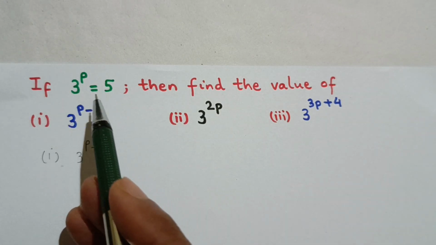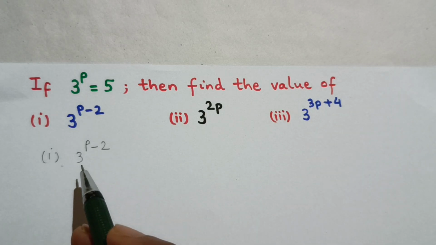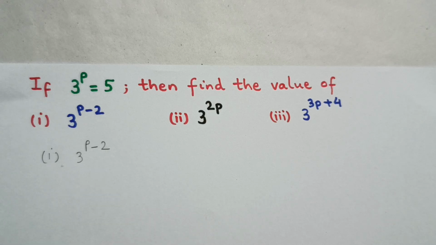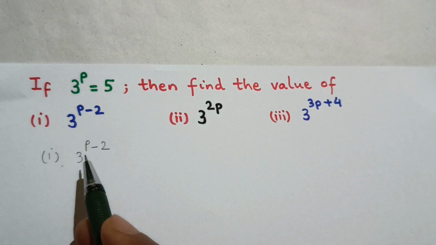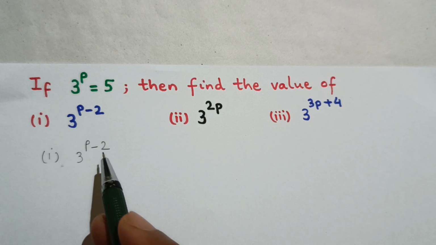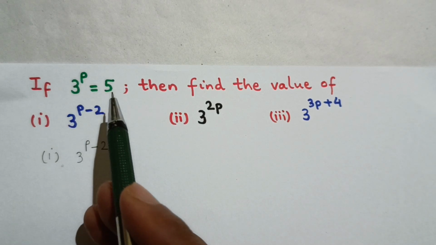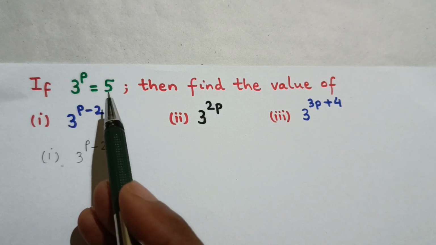So how can I use this given information to find the value of the expression 3 to the power p minus 2? Therefore I have to write the expression 3 to the power p minus 2 in such a way that I can take the help of this given information.